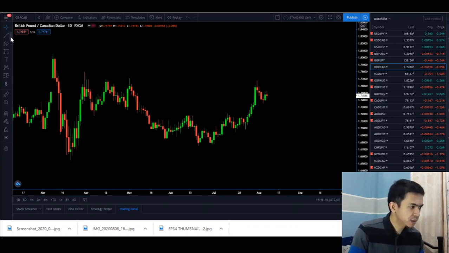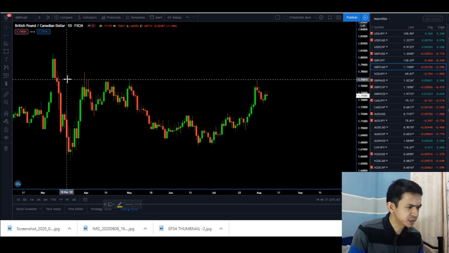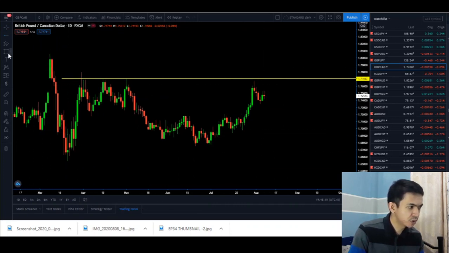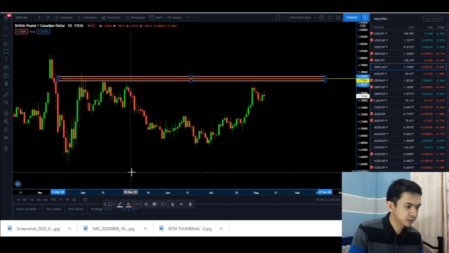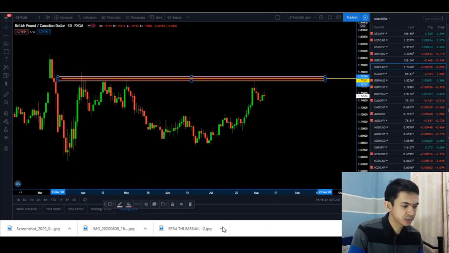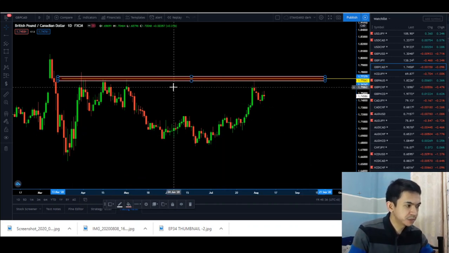I can see a key significant resistance over here. So I will mark this as my key significant resistance. Right? That will be my key significant resistance.